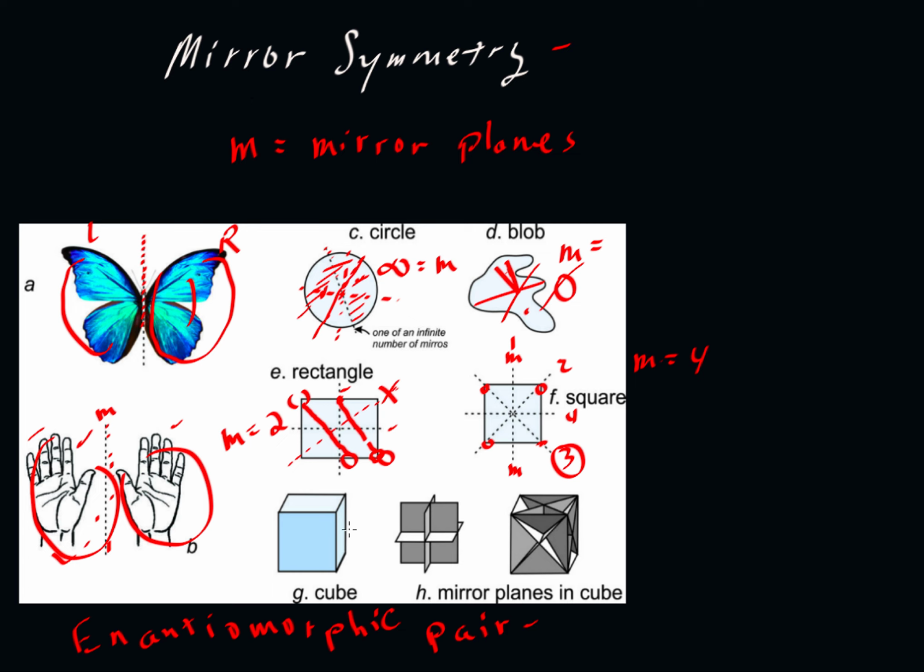Over here, the cube gets much more complex, so we take a square and add this third dimension so that we create a cube. We have a number of mirrors here, so there's one that is vertical, and that's shown there, and then another vertical one that goes north-south that would be drawn there, and then another horizontal fellow that goes there. So there's 3 mirrors that are shown there.